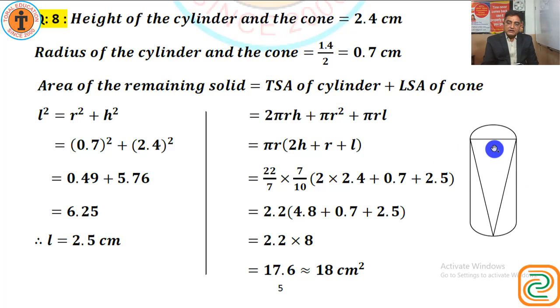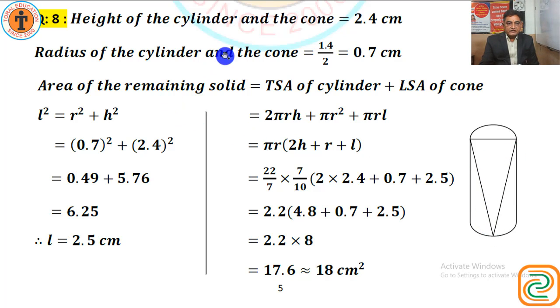Look here. This is the cylinder and this one is the cone. Right? So if we find the area of the cylinder, then the cylinder has a bottom and the cone has lateral surface area.